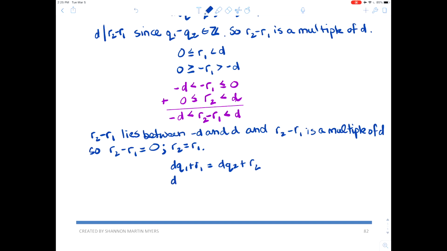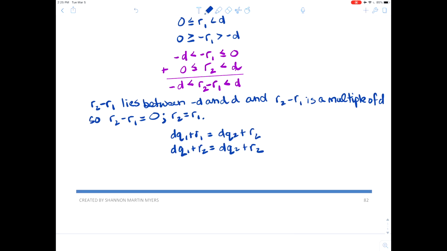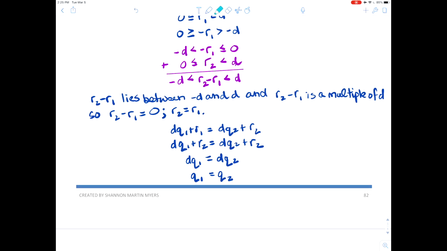So by substitution, dq1 plus R2 would equal dq2 plus R2, subtracting R2 from both sides, we'd get dq1 is equal to dq2. We know that D is not equal to 0 from our premise, right? So we can divide by D. Therefore, Q1 equals Q2. So we've shown that R2 is equal to R1, and we've shown that Q1 is Q2, and we're done. That's all we needed to show.